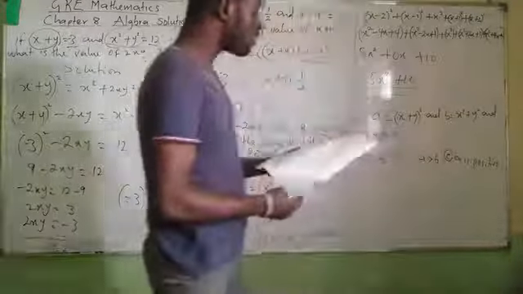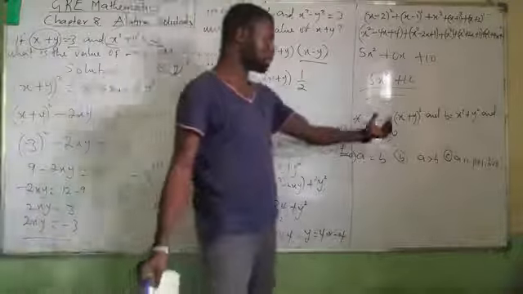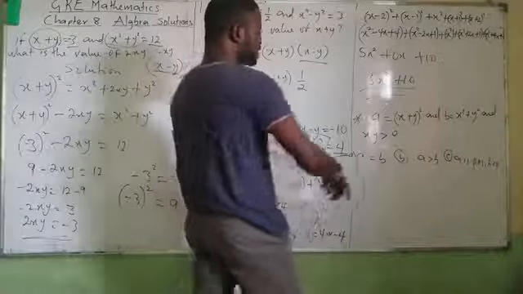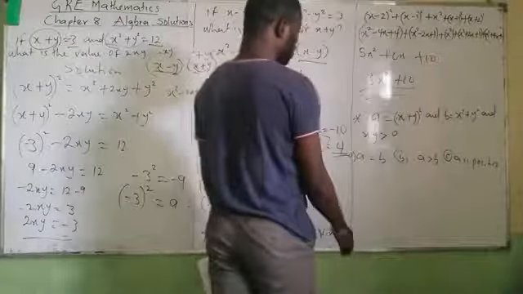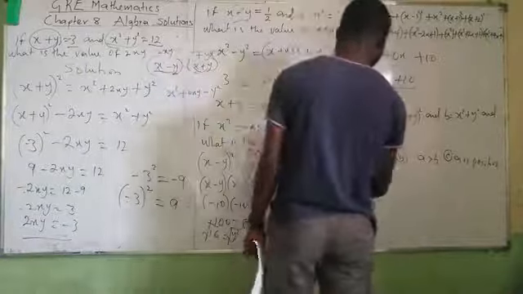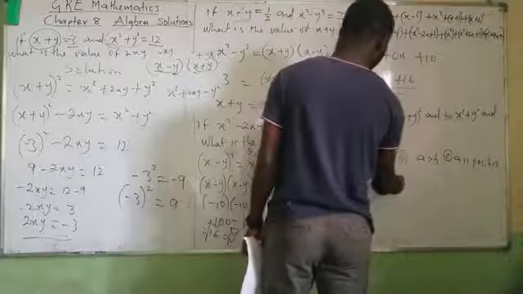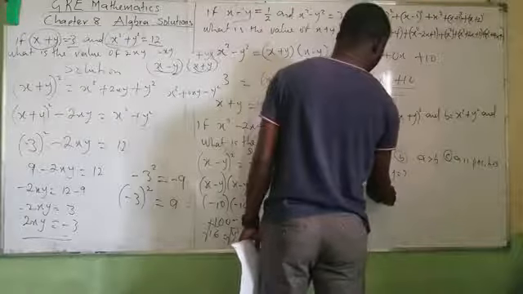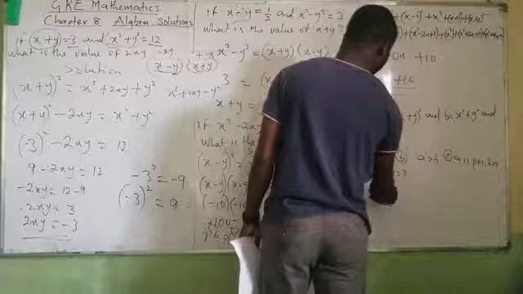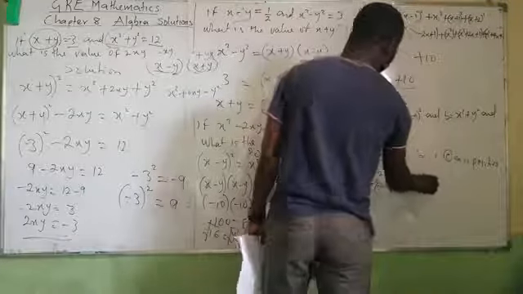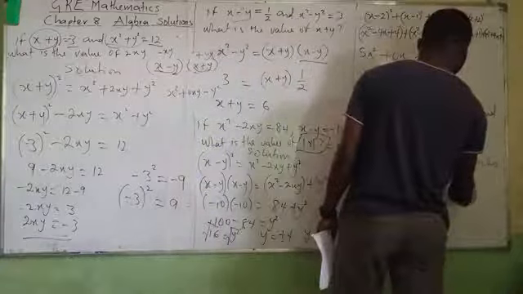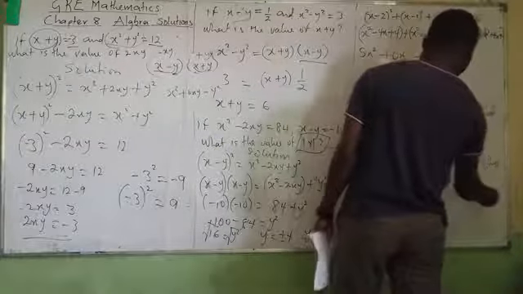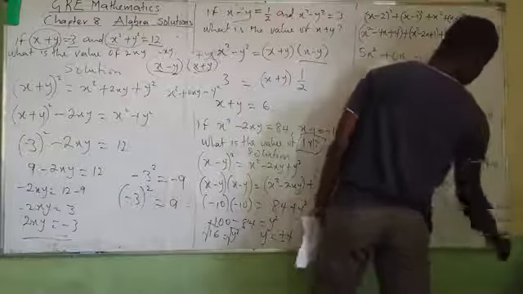Now, which of these options matches what is on the board here? If I were you, if I set up this, for instance, my x equals 2, my y equals 3. Now, a will be equal to (2 plus 3) squared, which is 25. And my b will be equal to 2 squared plus 3 squared, which is 13.